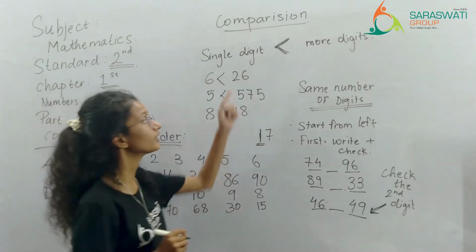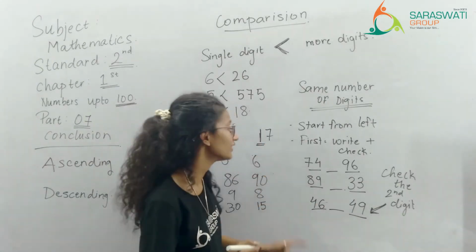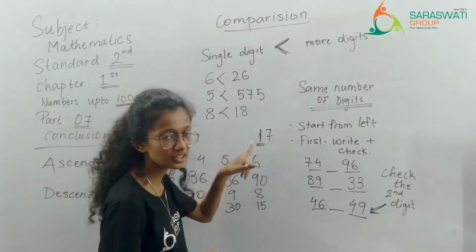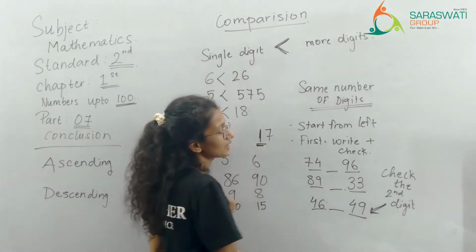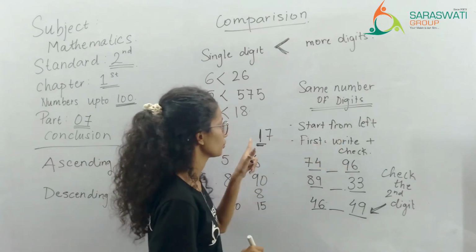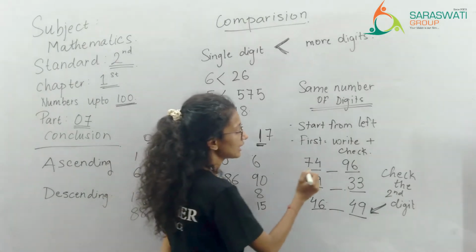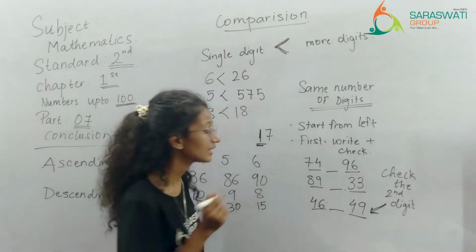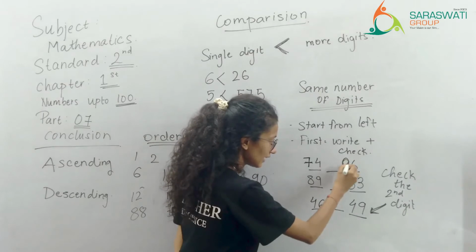So to find which number is greater, we need to start from the left itself and check which number is greater. The first digit which we wrote is what we need to check. For example, in 74 and 96, which is the first digit we write? We write 7 and we write 9.